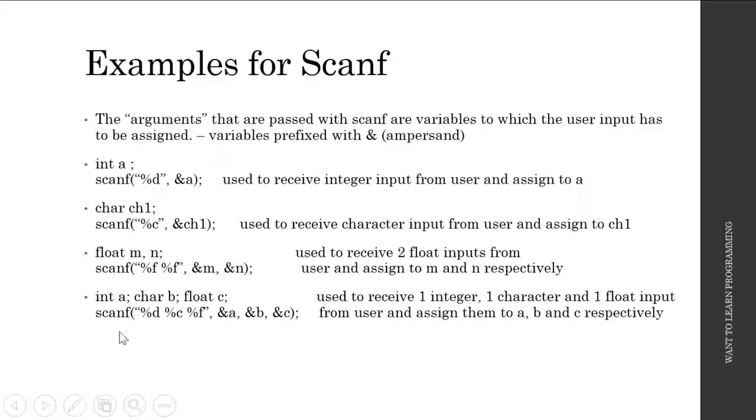So here you can see that the %d format specifier is linked to &a, which is an integer variable. %c is with respect to &b, which is a character, and %f is with respect to &c, which is a float variable.